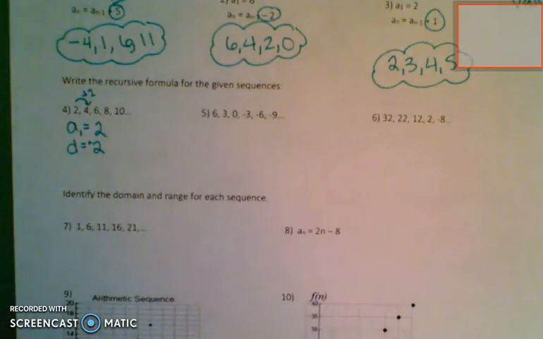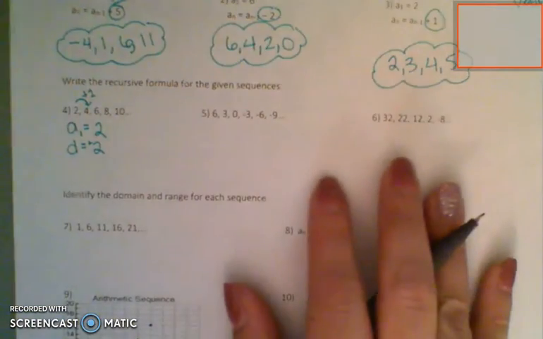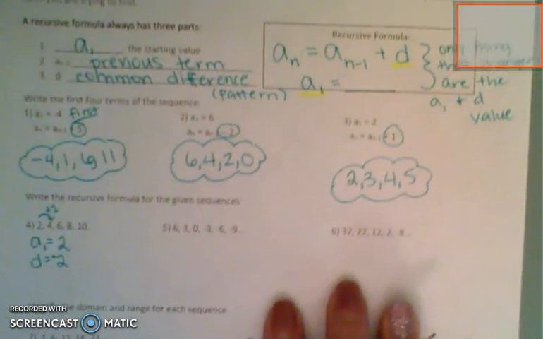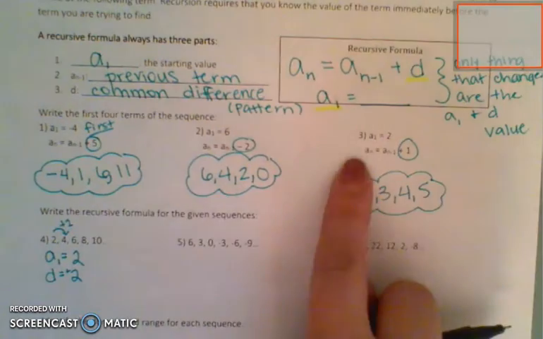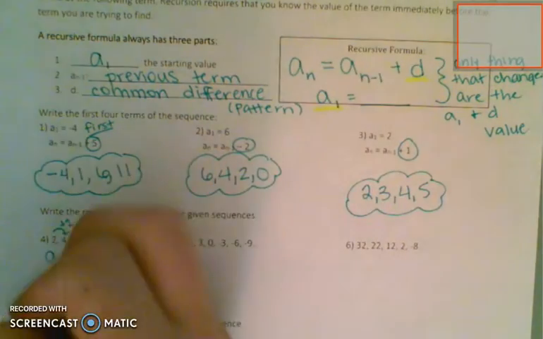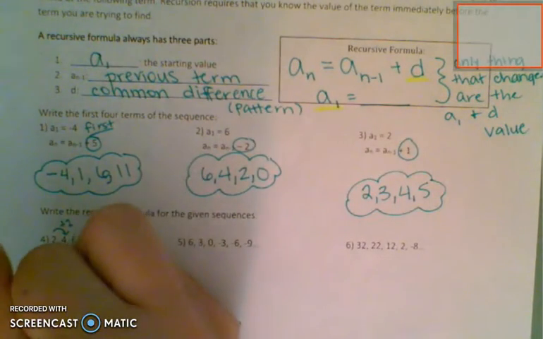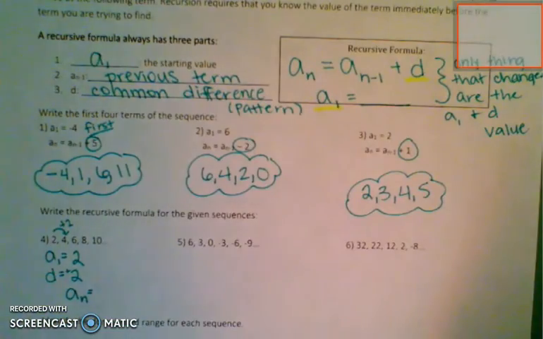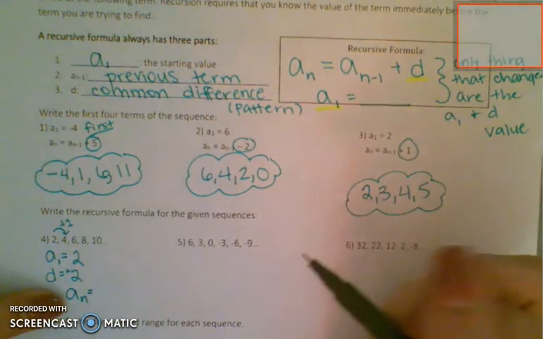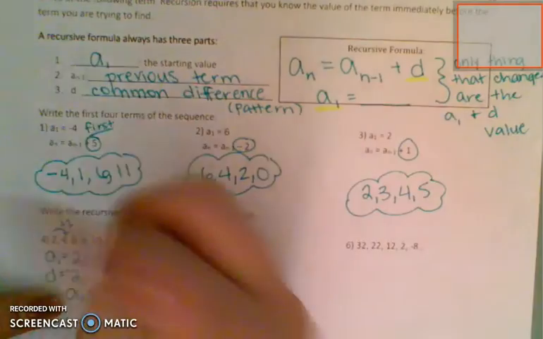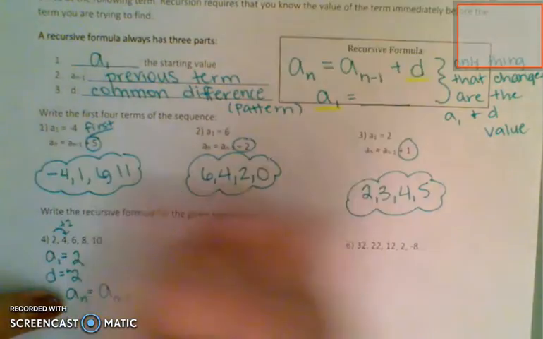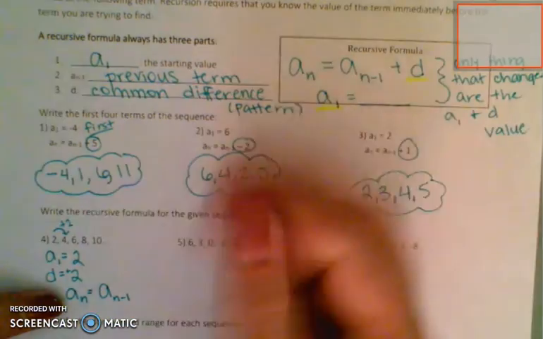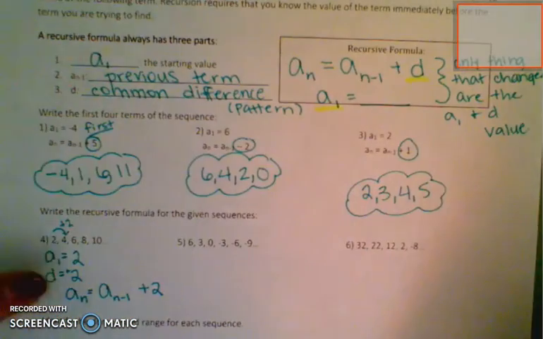Adding 2. And I'm using this formula right there. So it says A sub n equals A sub n minus 1 plus D, so plus 2, because we already found that.